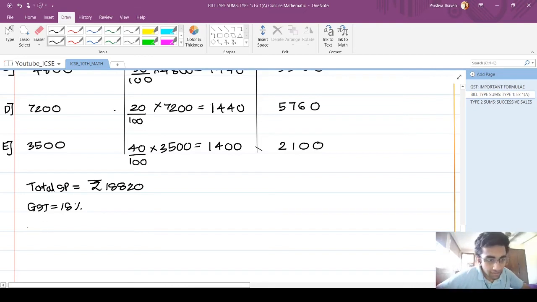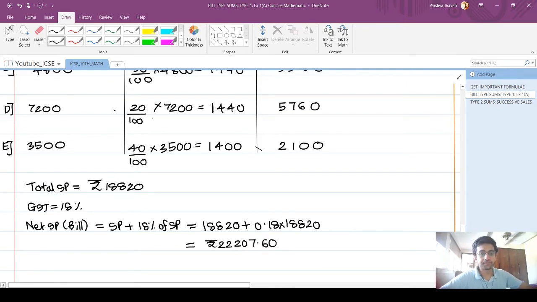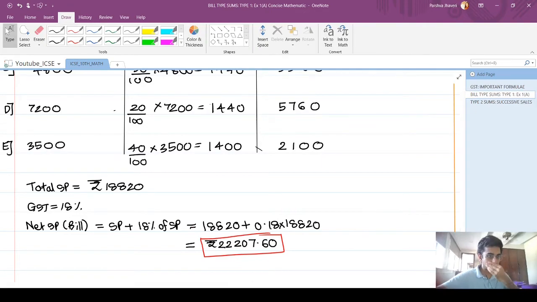So our net SP, or you can say bill amount, the bill amount will be our SP plus 18% of SP, which will be 18,820 plus 0.18 or 18% into 18,820, 22,207.60 paise. Okay, guys, so this was bill amount.